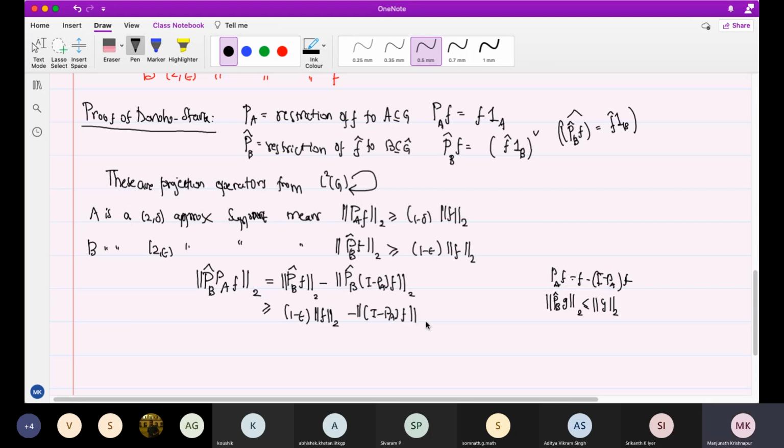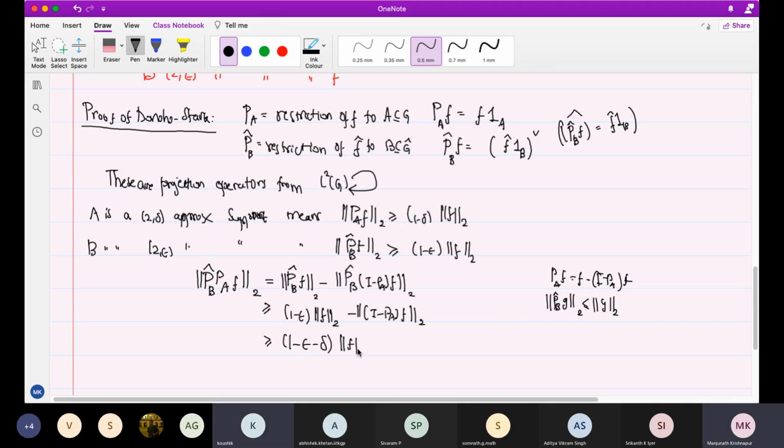So this is at least I minus PA L2 norm of F, which we know is, yeah, I minus PA F will be less than delta norm. So it's going in the right direction, right? So is it correct? 1 minus epsilon minus delta.